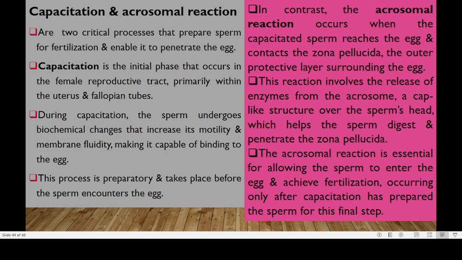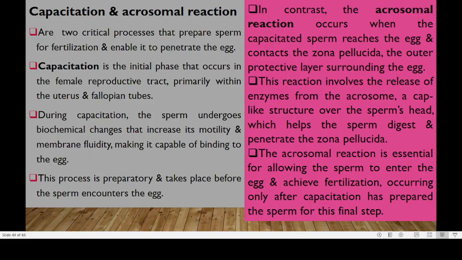During this process, the sperm normally undergoes biochemical changes that increase its motility and membrane fluidity, making it capable of binding to an egg. So this process is preparatory and takes place before the sperm encounters the egg.